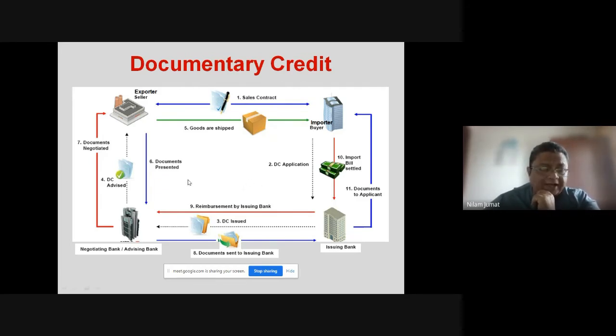On October 19th, the importer changes it and says, no, I'm changing this. Can you change that to 10 blue buses?